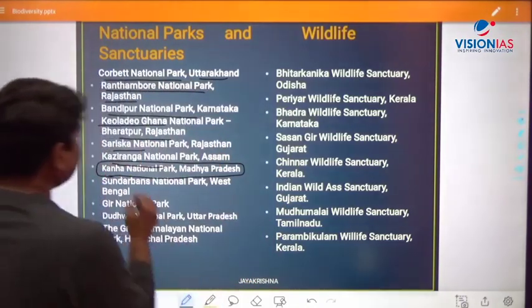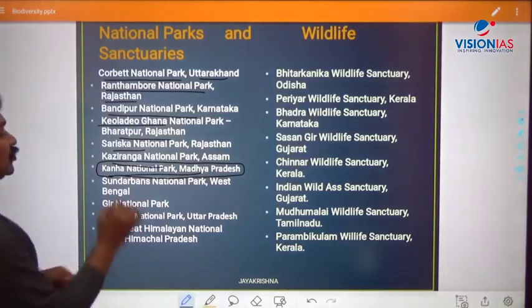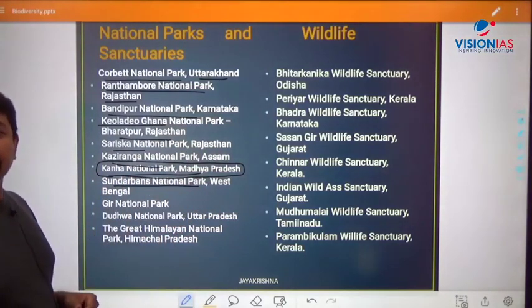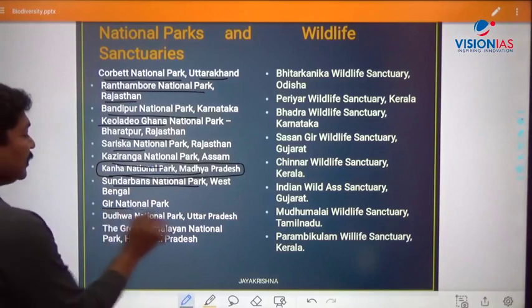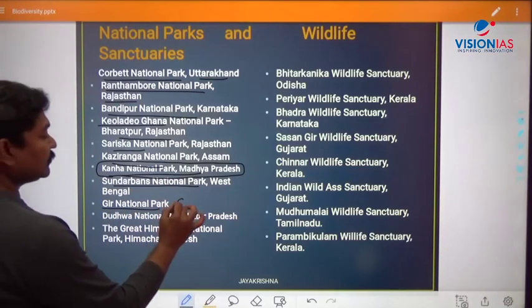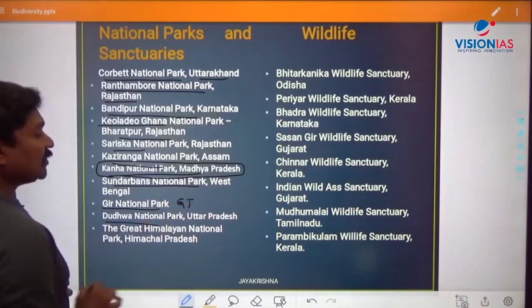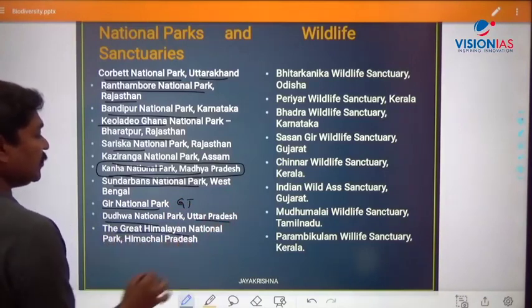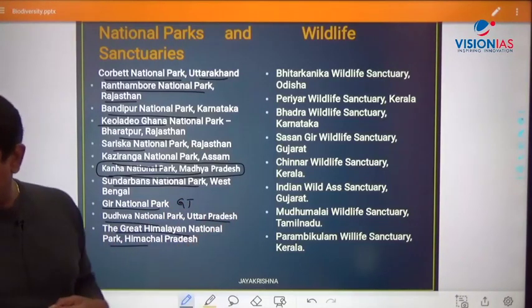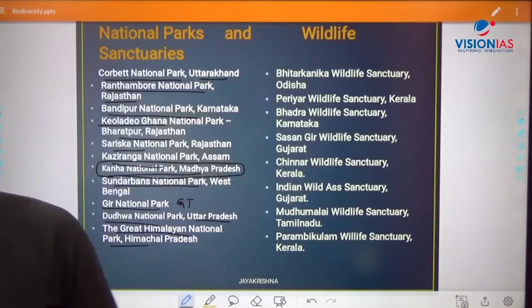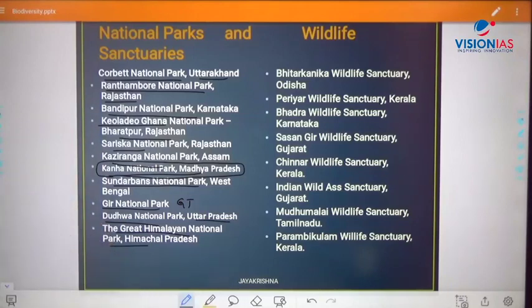African area. This is the Kanha National Park. Then Sundarbans of West Bengal, the Gir National Park of Gujarat, then Dudhwa National Park of Uttar Pradesh, the Great Himalayan National Park of Himachal Pradesh. These are some of the very important national parks of India and the important areas.